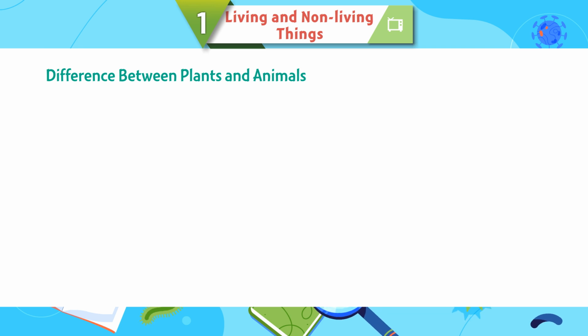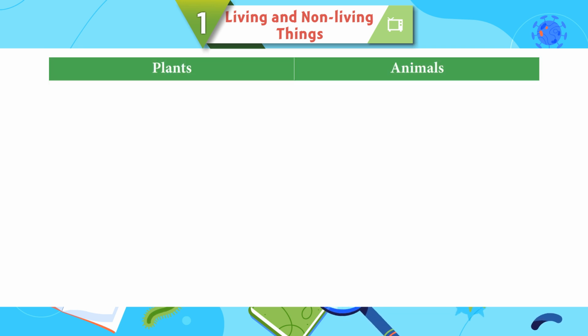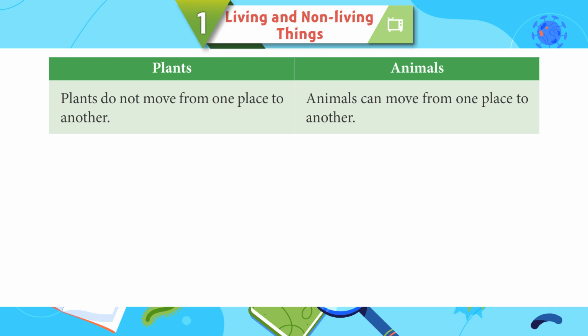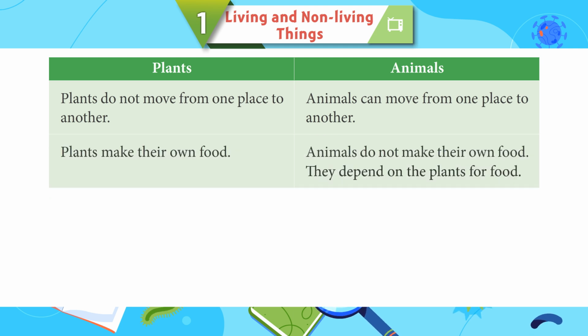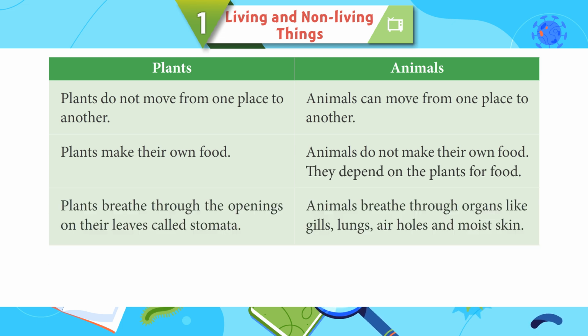Difference between plants and animals. Plants, animals. Plants do not move from one place to another. Animals can move from one place to another. Plants make their own food. Animals do not make their own food. They depend on the plants for food. Plants breathe through the openings on their leaves called stomata.